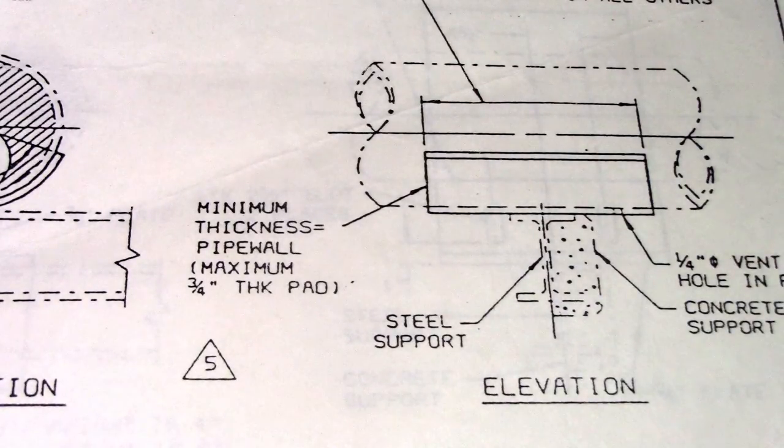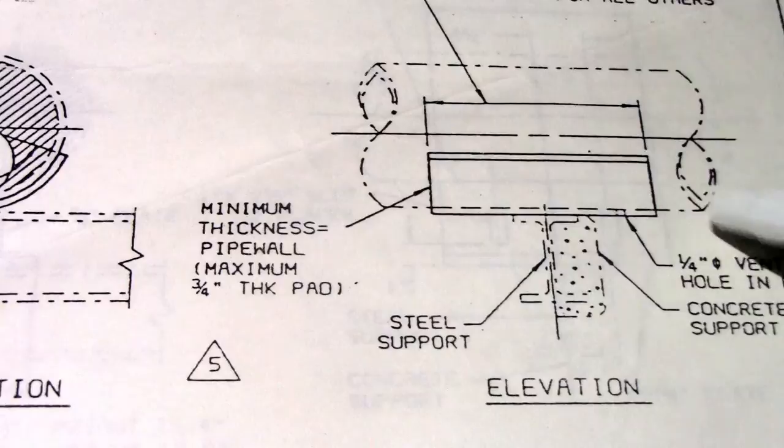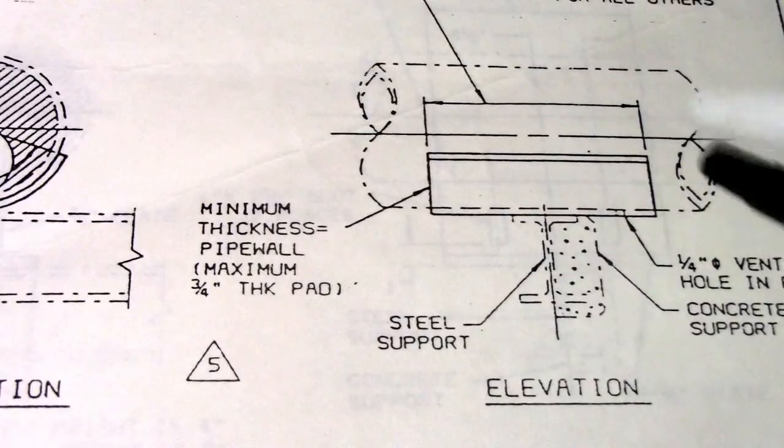From the isometric drawing you can see these symbols, but you cannot see the symbols of the pad. Okay, they only wrote there the types of this support, but you cannot see the symbol of this pad.